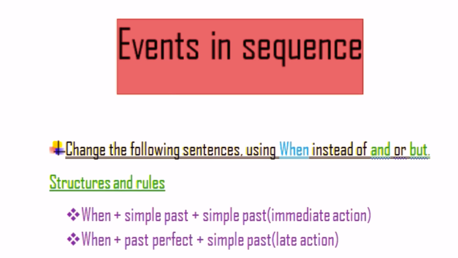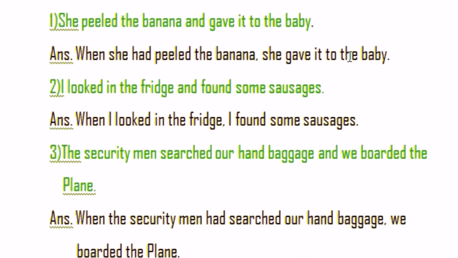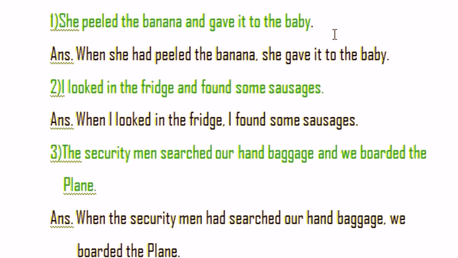Let's go to question number 1. She peeled the banana and gave it to the baby. First action, she peeled the banana, and there is and. Giving it to the baby is the second action. I think the second action is the late action, not the immediate action.